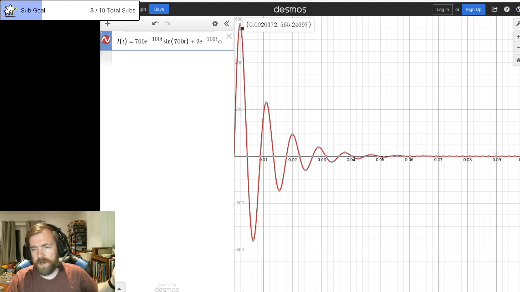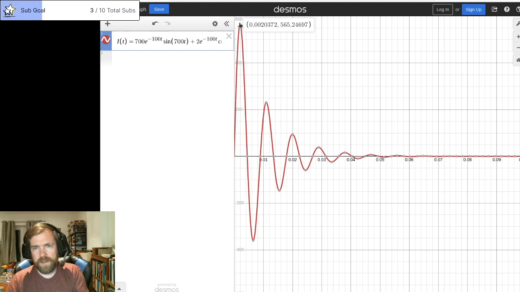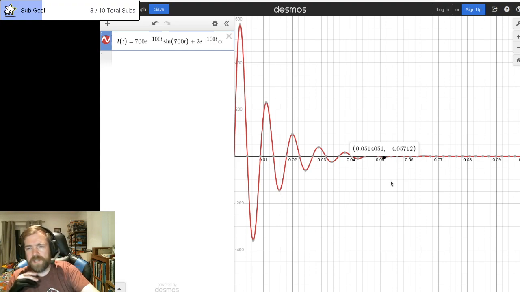So this is approximately 1% of the initial current flow. The high point at the beginning is 565 amps. Now it only does that for a very, very short time. And then by 0.05 seconds, or just after it, it reaches a maximum of negative 4 amps, or a maximum distance of 4 amps.